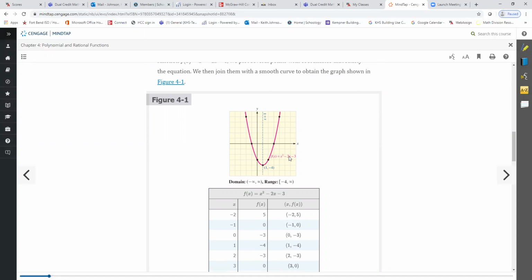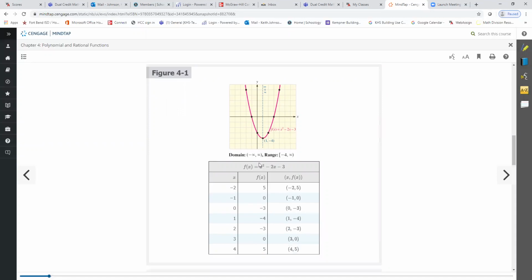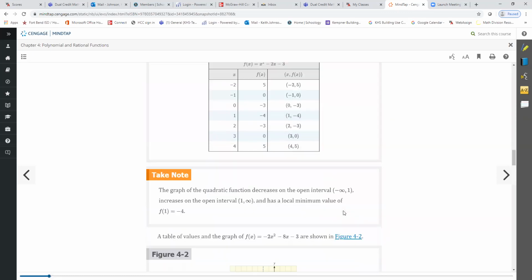Now, if I put this here, let me try to highlight it for you. We take this equation, put it in your calculator, and you're going to get this picture, with these x values and y values and these ordered pairs. So those things you can put in.